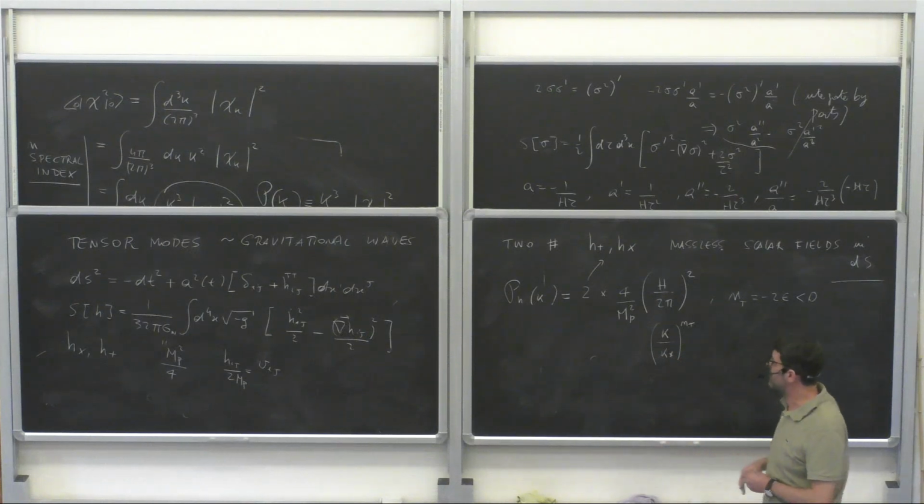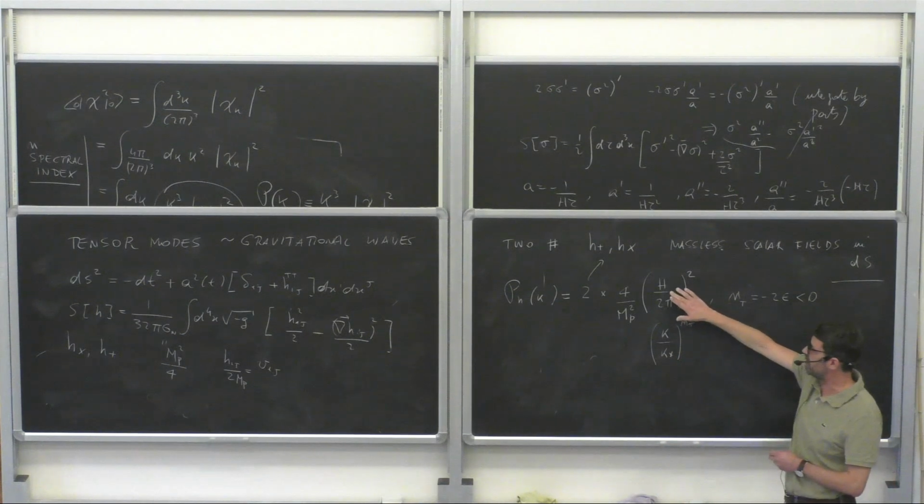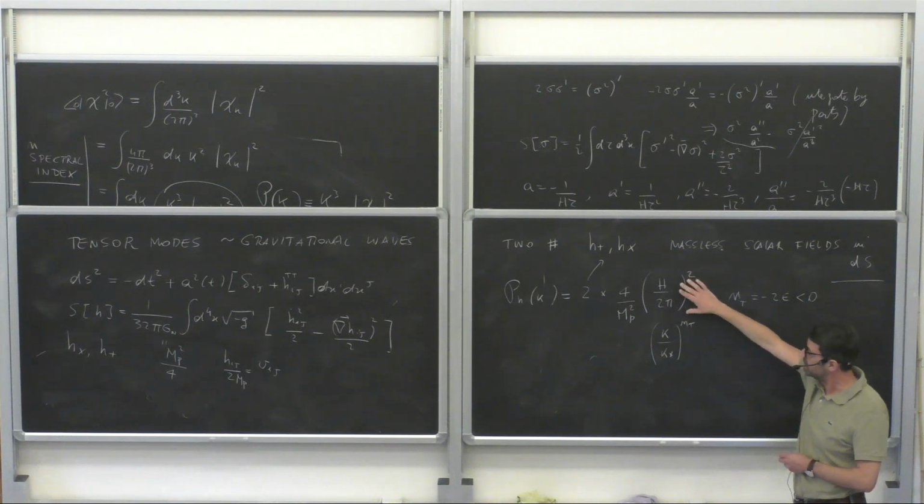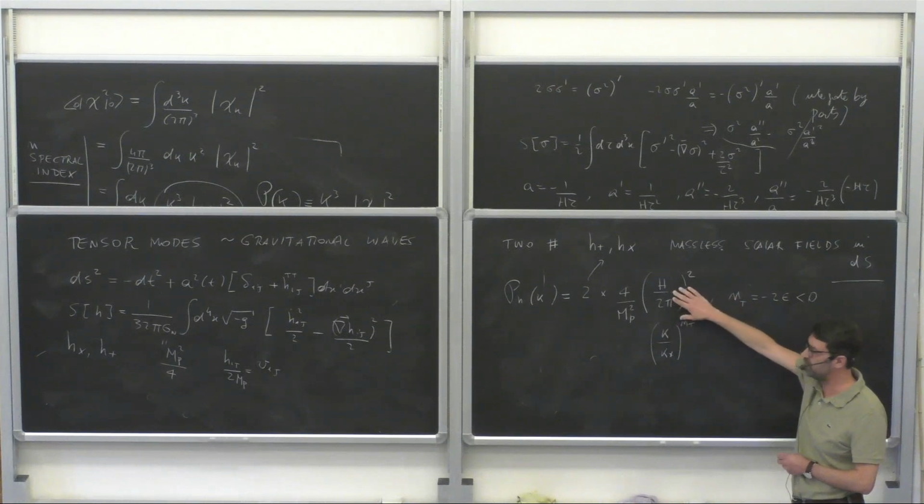The moment H is a little bit smaller than these numbers, the experiments, even the future ones, even the most optimistic one, will not be able to measure it, unfortunately. Okay? But if we are lucky, and if nature has decided to drive inflation at very, very large energies, we will be able to measure it.